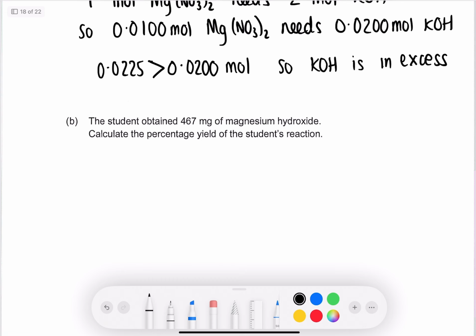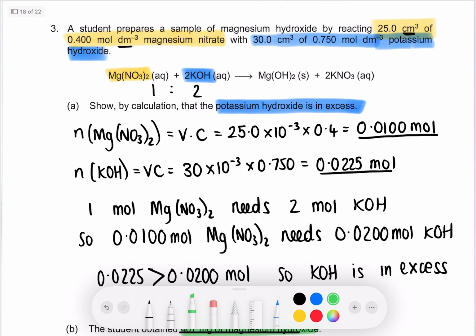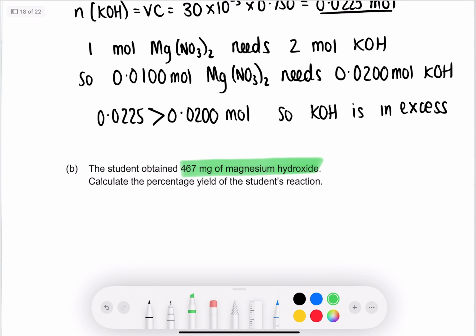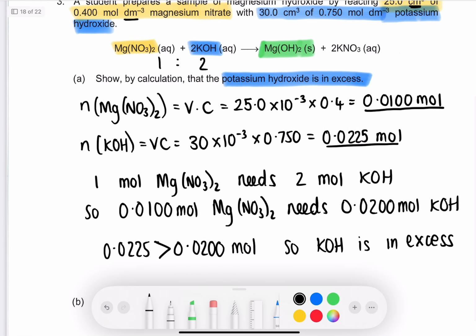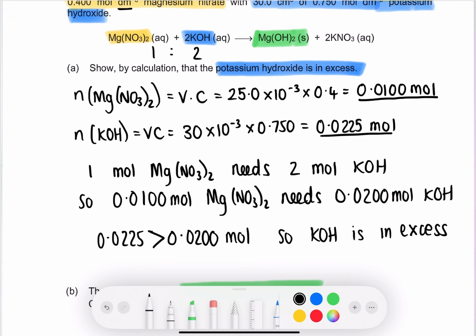So as the student obtained 467 milligrams of magnesium hydroxide, this is over here, calculate the percentage yield. We've got an added issue now, is that we know the moles of 2 of these things, and we need to know the theoretical moles of the magnesium hydroxide.